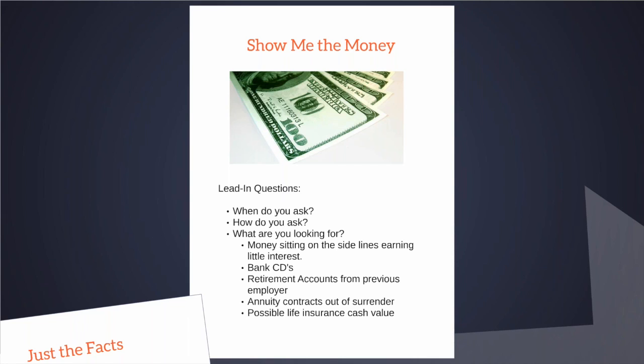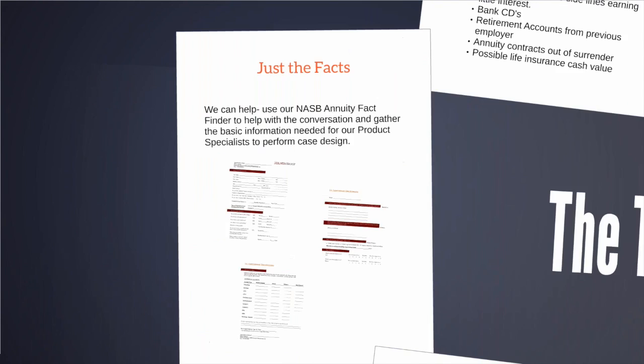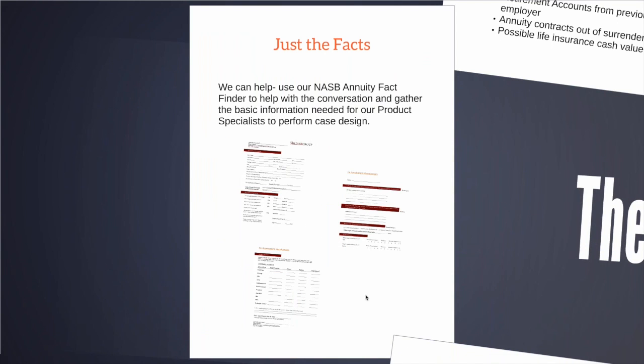I do caution you on trying to move life insurance cash value to an annuity. That's the most difficult move to make, but there are opportunities. So you have at your fingertips access to annuities that really can help shape your client's retirement future.